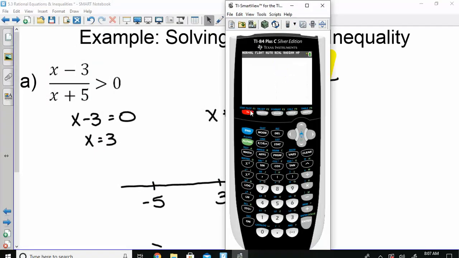Okay, and we want to graph the original. When you type it in, you need parentheses. So parentheses x minus 3 divided by parentheses x plus 5.